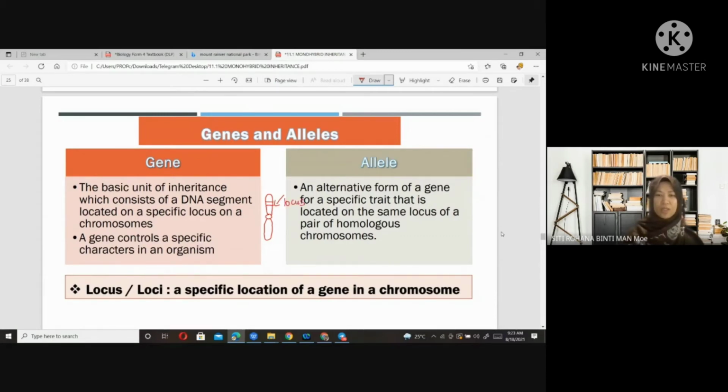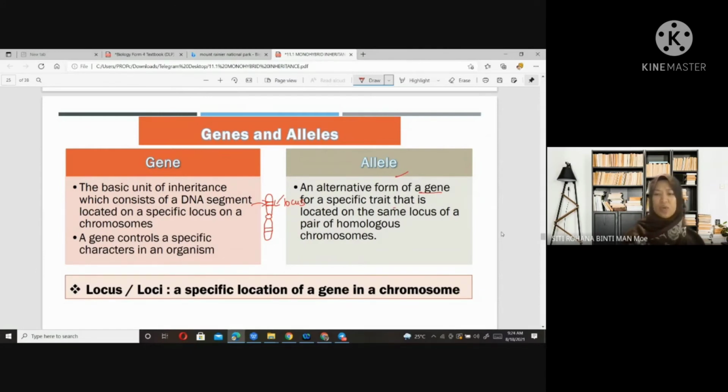For example, here is the locus for gene that codes for eye color, for example, for human. So specific position. Okay, so a gene will control specific characteristic of an organism. For example, here saya sebut tadi eye color. Maybe for this one, hair color. Okay, example.